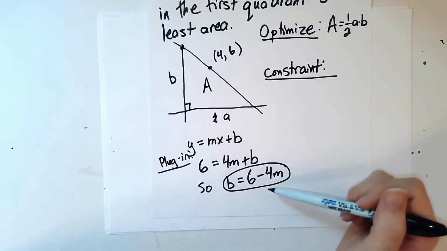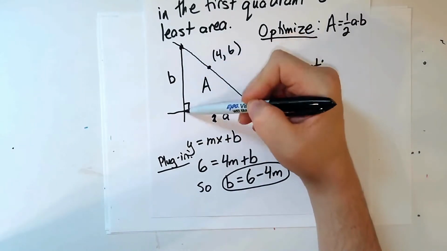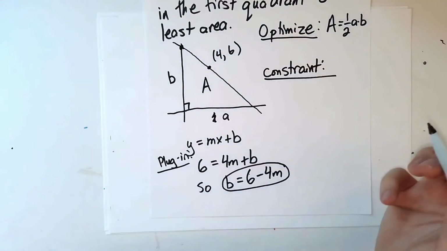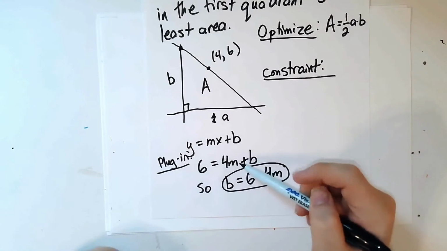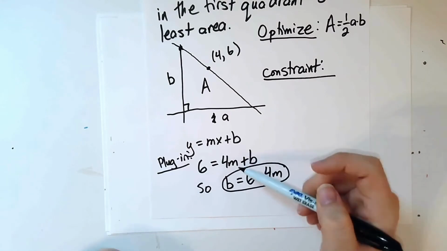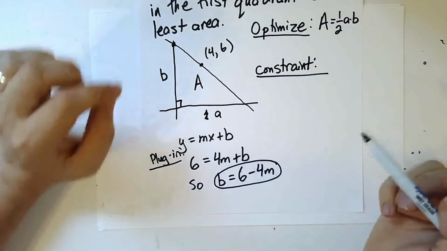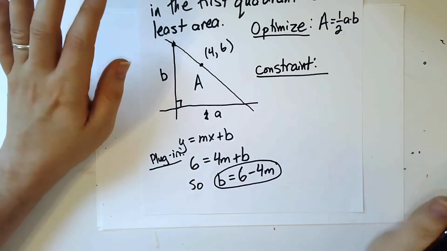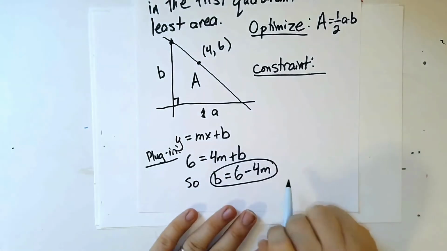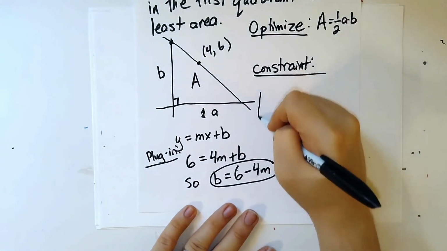Okay, so that tells me b in terms of the slope. I also could have solved this for m, which would have told me the slope in terms of b. The reason I didn't is because then I'd have to divide by 4, and so I'd have fractions running around. So the only reason I didn't do that is because I didn't want there to be fractions running around.